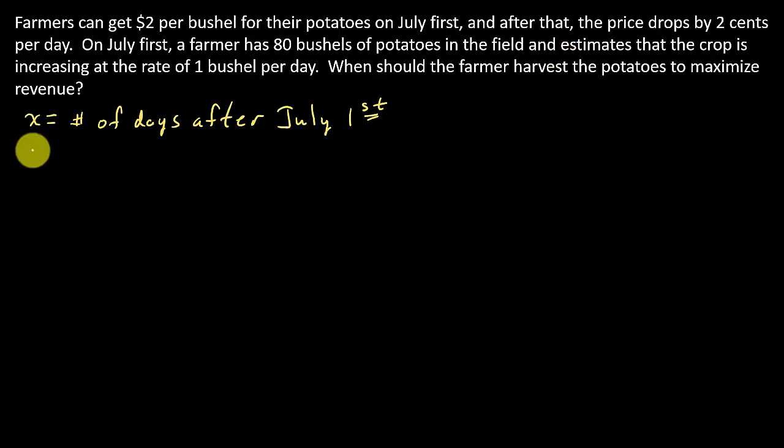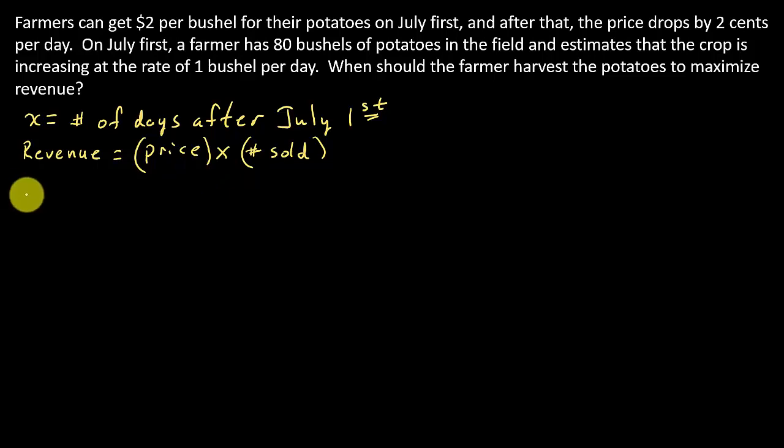Now, we know that revenue is what? That's the price times the number sold. All right. So let's come up with the price and let's come up with the number sold.